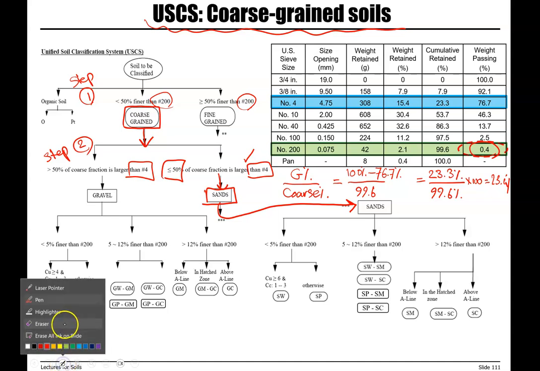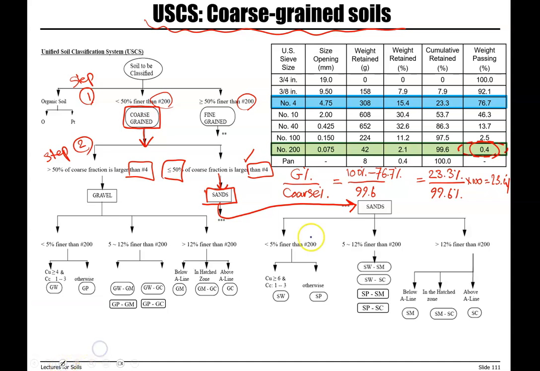Now in step 3, again we need to look at percent passing from number 200. So our percent passing from number 200, or the percentage of fines in our soil, is 0.4, which is less than 5%.